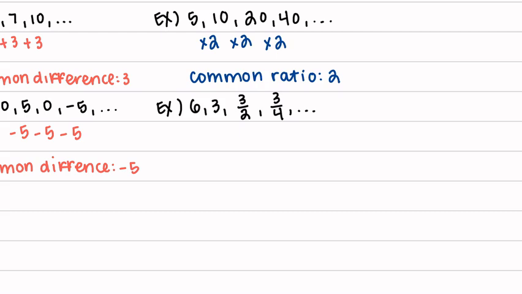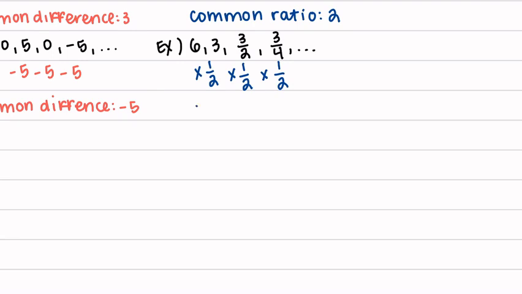We could say we divide by 2, but to keep our common ratio consistent and representing the same thing, we would say we multiply by 1/2 to get to each new value in our sequence. Multiply by 1/2. And so my common ratio, because my common ratio represents what I'm multiplying by, would be 1/2.